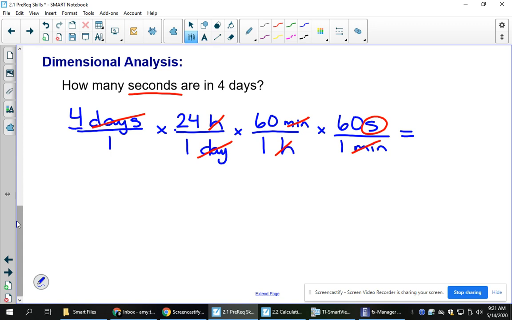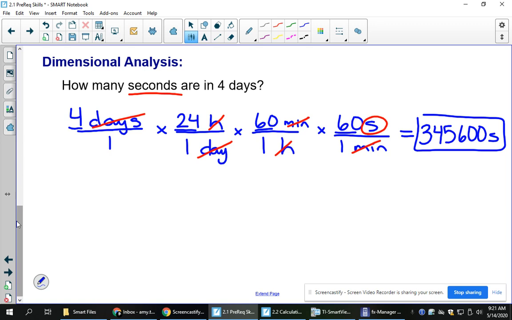So 4, 24, 60, and 60. Let's multiply all of those. And we get quite a big number. 345,600 seconds are going to go by in 4 days.